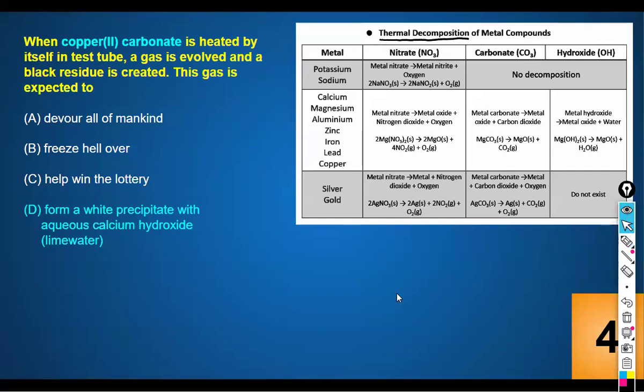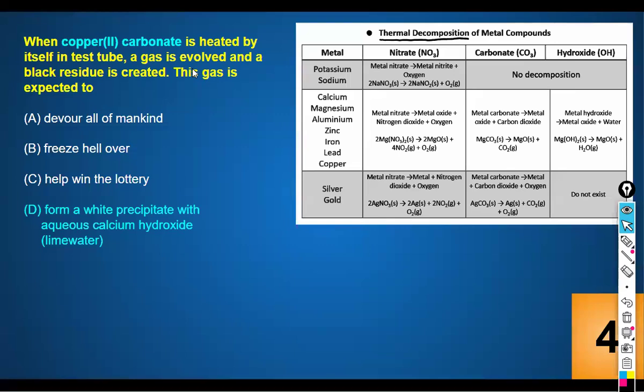Thermal decomposition is when you add heat to something. So you give a compound heat, and then it breaks down into different compounds. That is all thermal decomposition is. Once again, it's when you add heat to something and the heat changes it into different things. Simple concept.